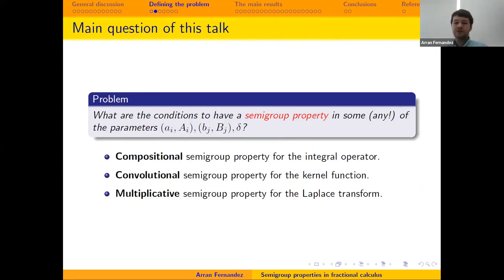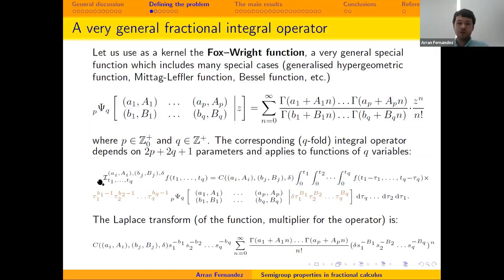And by the Laplace convolution theorem, that is equivalent to multiplying the Laplace transform functions. So we want semigroup property, or composition of the operator, convolution of this kernel function, or just multiplying the Laplace transform function. By the way, we have a constant multiplier here, this big C. It's just a constant. I've included in the notation that it can depend on any of the parameters.